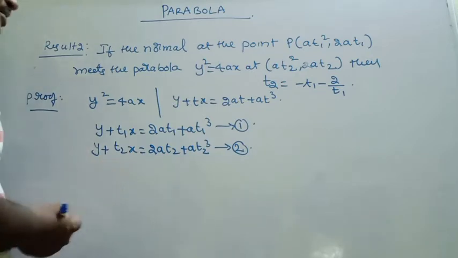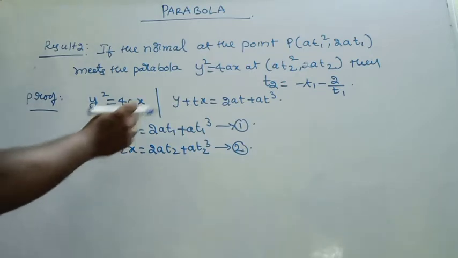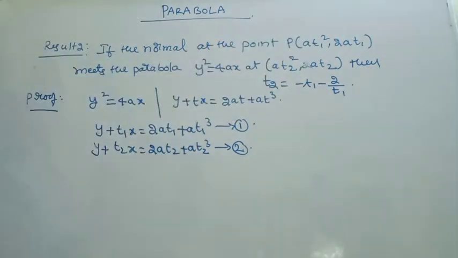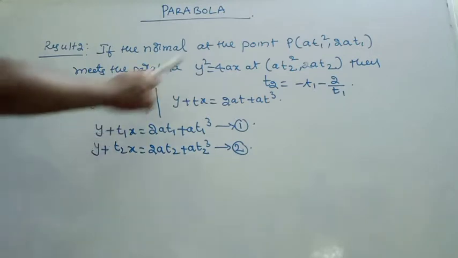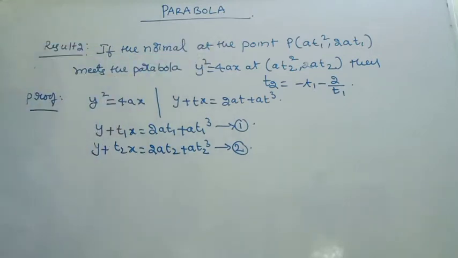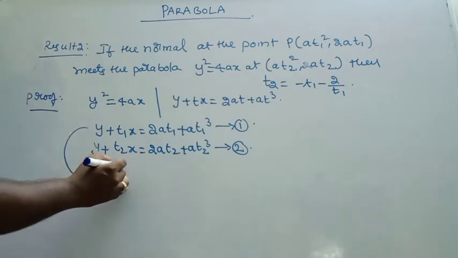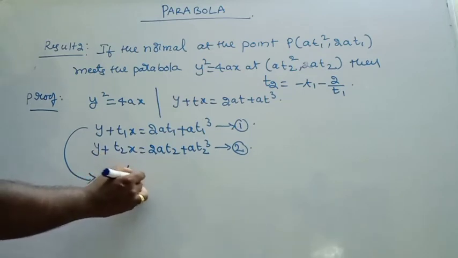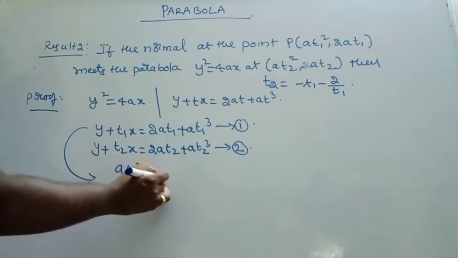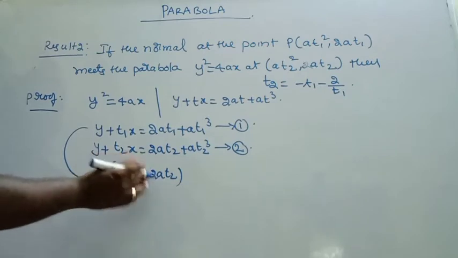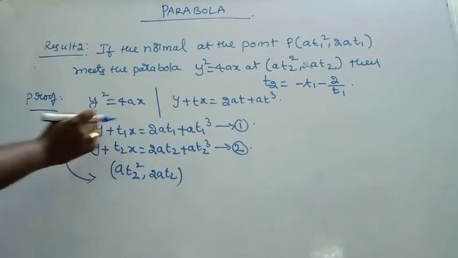And one more thing we can do, since this normal is passing through this point (at2², 2at2), is to substitute this point in equation 1.